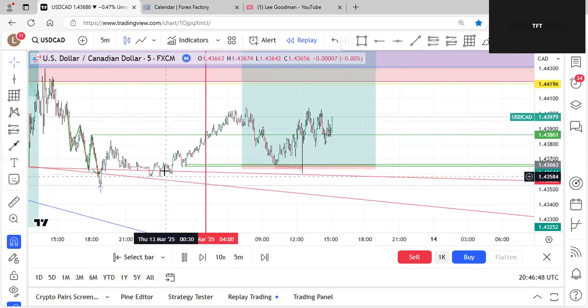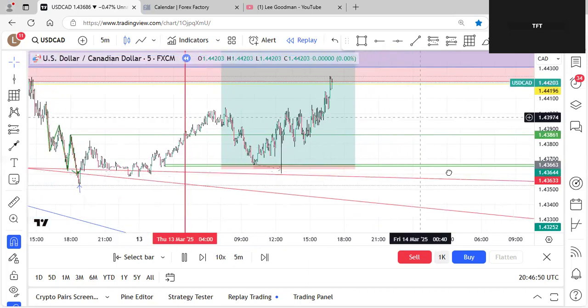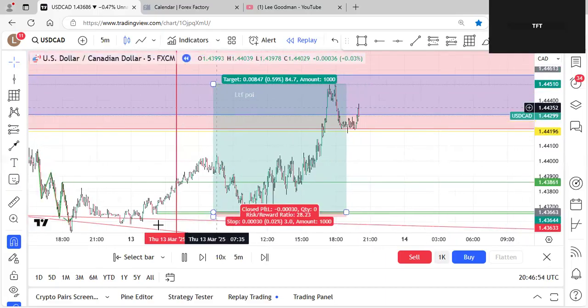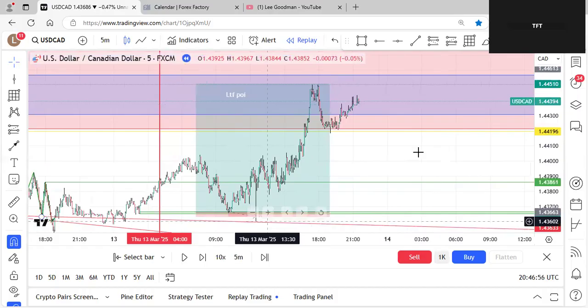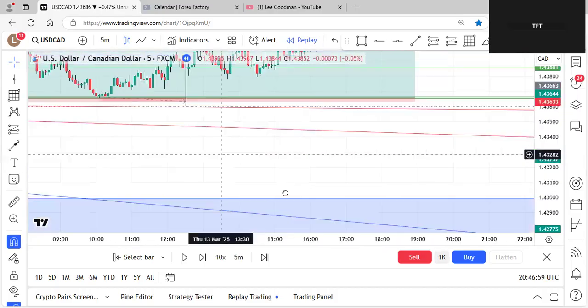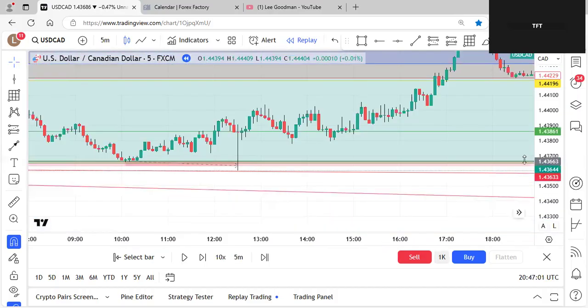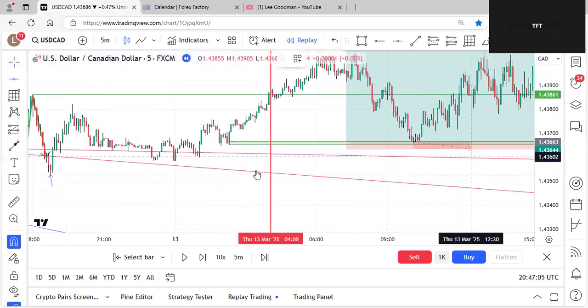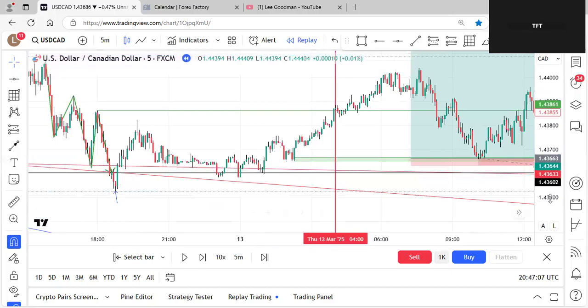I get tapped into this here anyway. While we're on, I'll just check what the news tapped into, because I don't believe things are done at random.